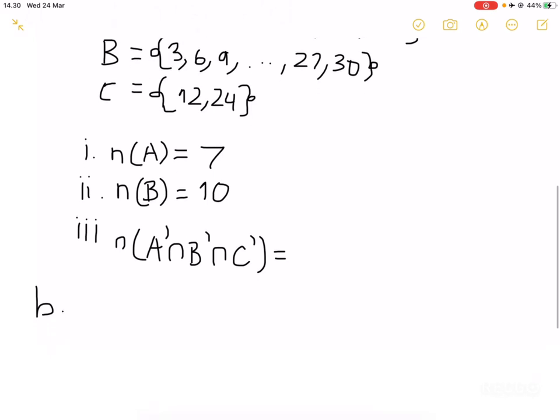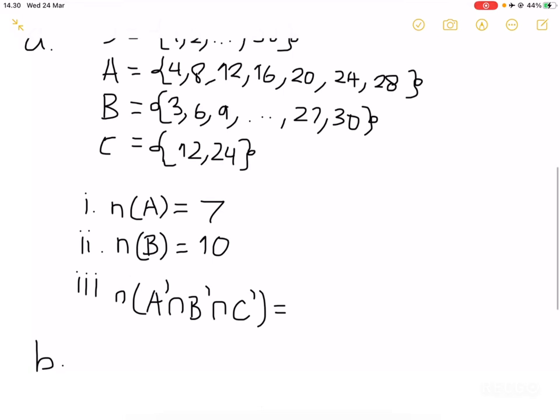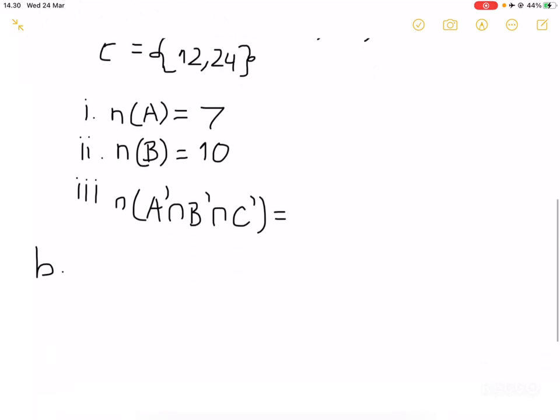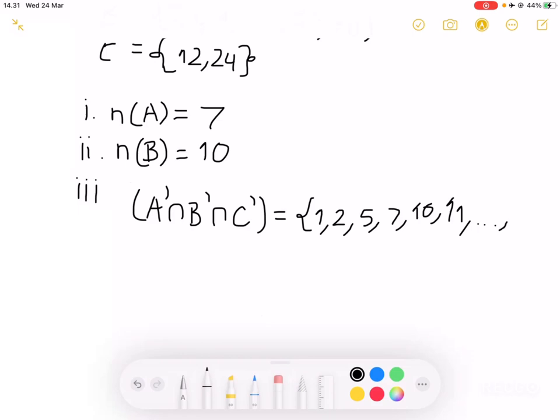Now this operation here is translated into A complement, which means the set of all numbers that are not in A, intersecting B complement, which means the set of all elements not in B, intersecting C complement, which means the set in S that does not lie in A. If you rewrite the set a bit, you'll get the set 1, 2, 5, 7, 10, 11, and so on until 29.